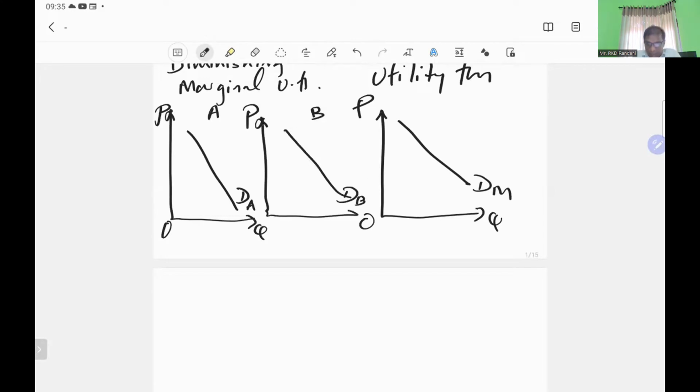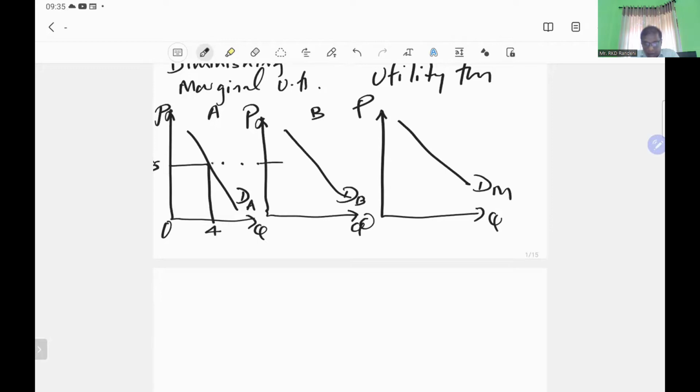Price, quantity. Now you have to assume that there is one commodity and only two consumers in the market. Then assume that the price is 5 rupees. The quantity is 4 units for A.